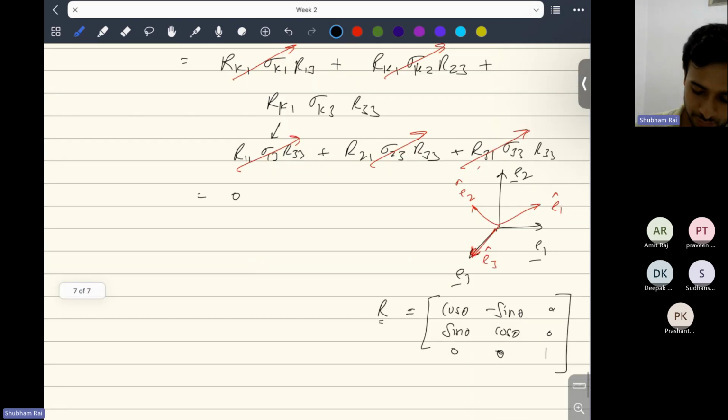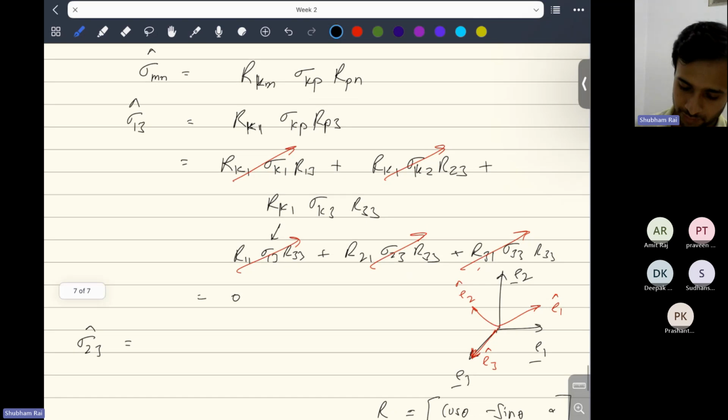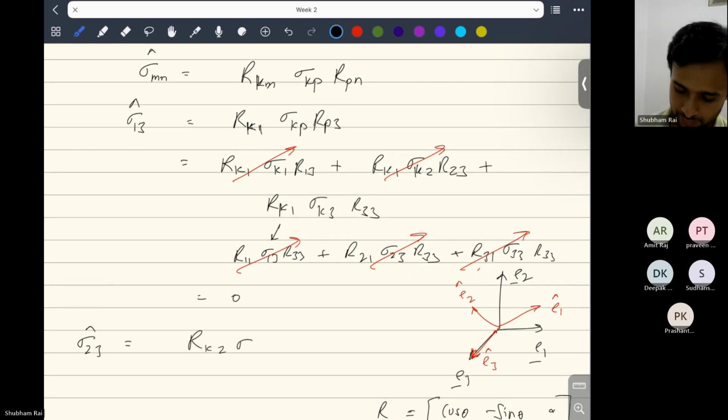Similarly, you can find sigma hat 23. If you put m equal to 2, that will be R_k2 sigma_kp R_p3, with n being 3. Okay.